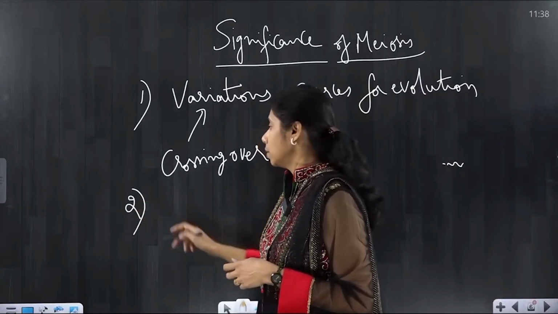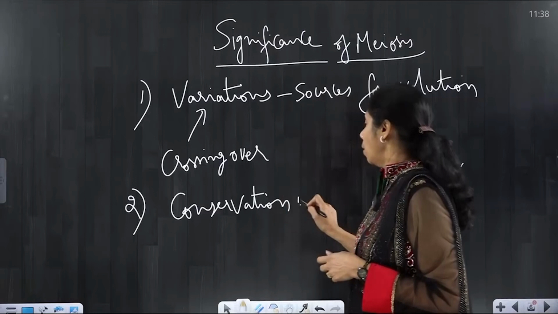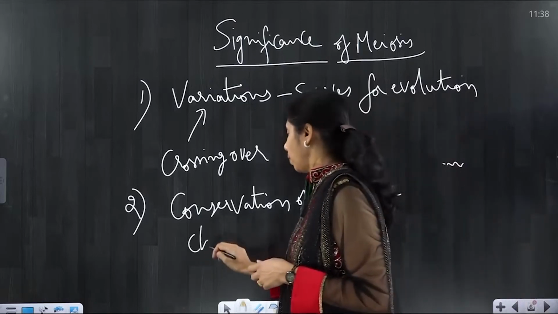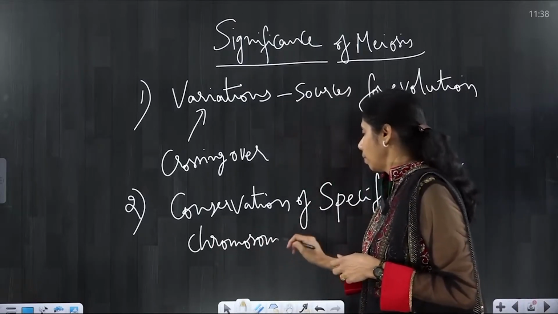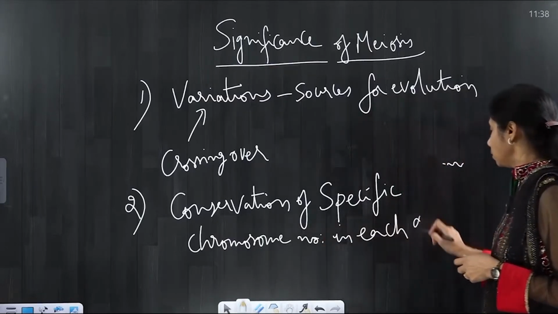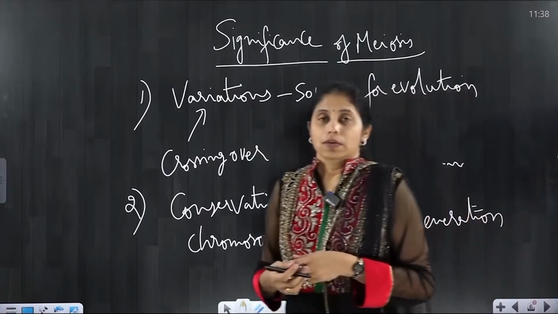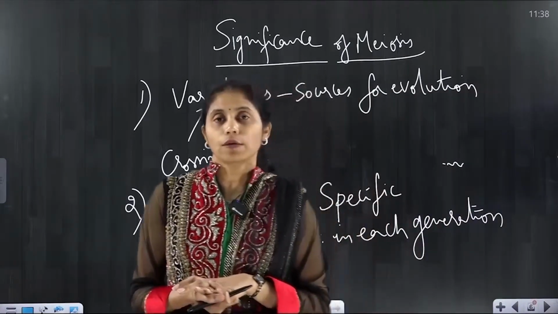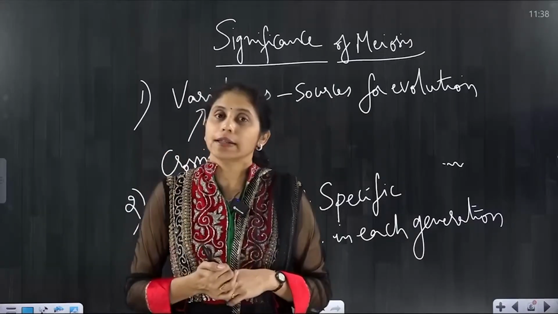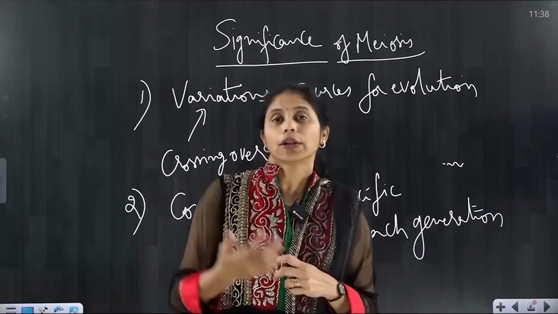Second one, this is important for conservation of specific chromosome number in each generation. So you know that we have 2n is equal to 46 chromosomes. So after meiosis, each cell is getting n is equal to 23 chromosomes. But those gametes will undergo fertilization and restore the chromosome number.